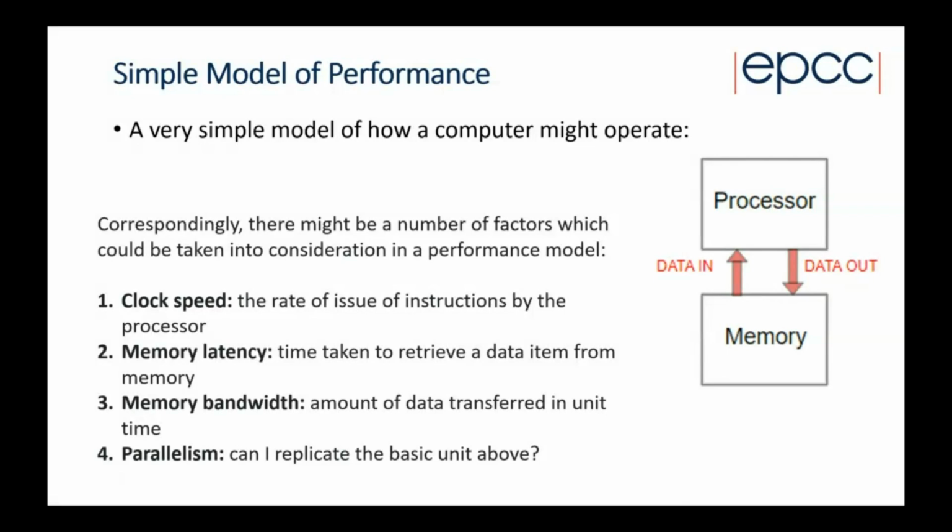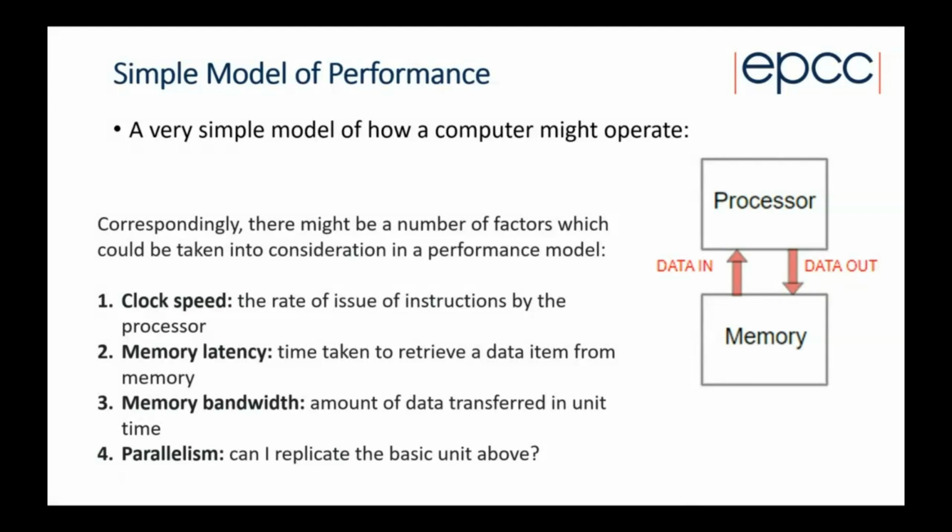So we have clock speed, the rate that we can issue instructions on the processor, the rate at which each floating point unit can operate. Memory latency, the time taken to retrieve a data item from memory to get it to the processor. Memory bandwidth, the amount of data transferred in a given unit of time.